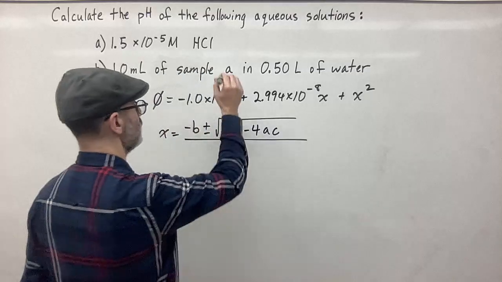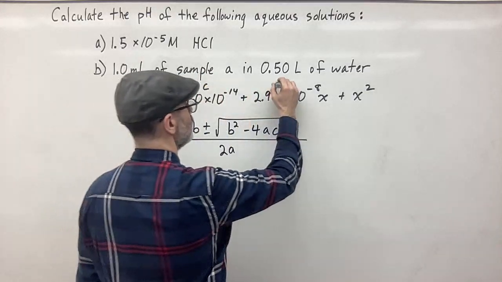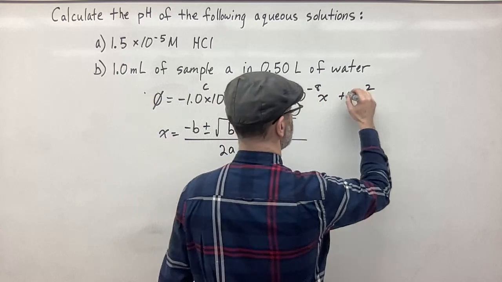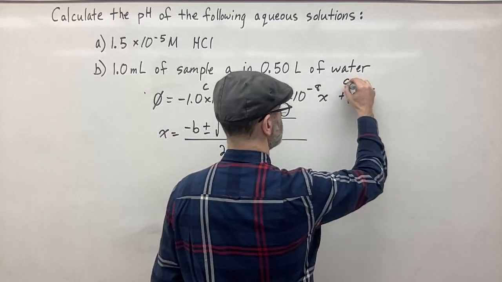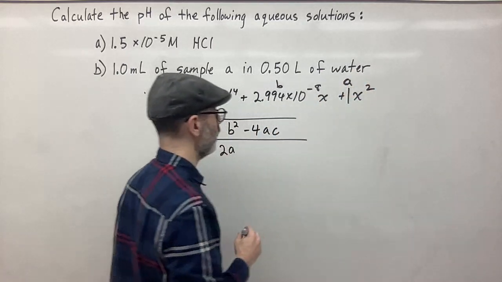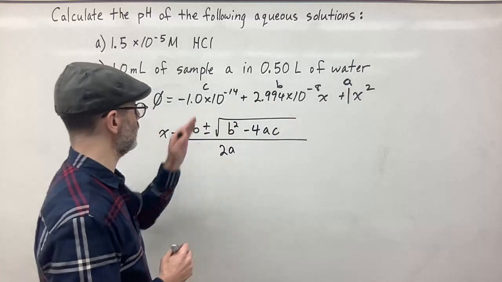And so this is going to be c, this is b, and then we have a 1 there. The 1 is a. So then we plug in our a, b, and c here.